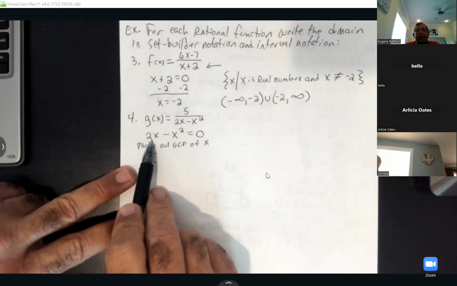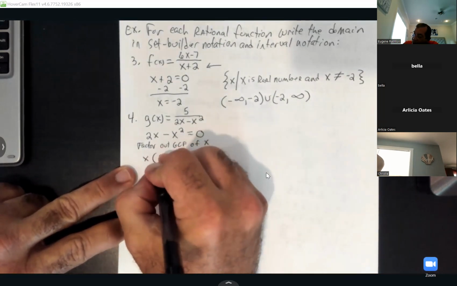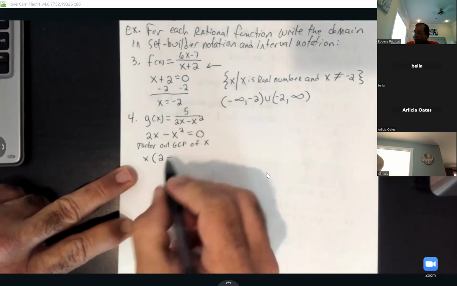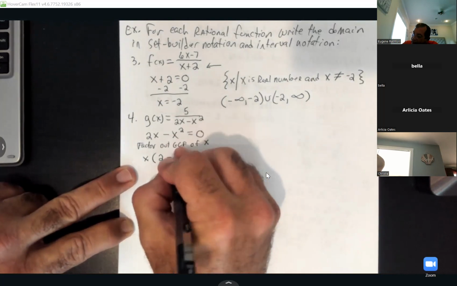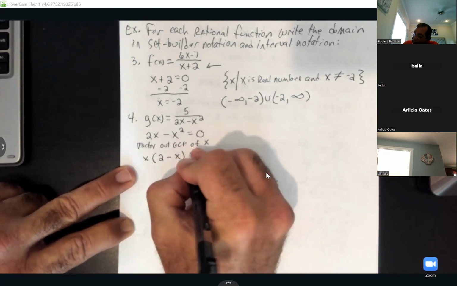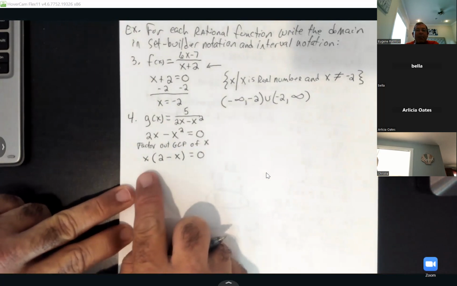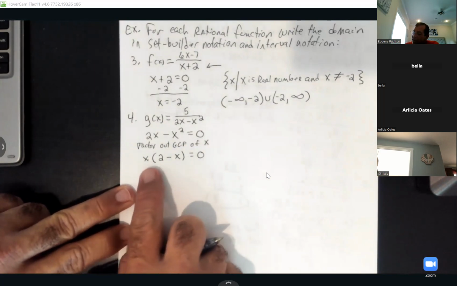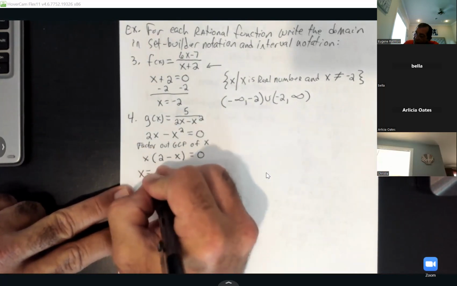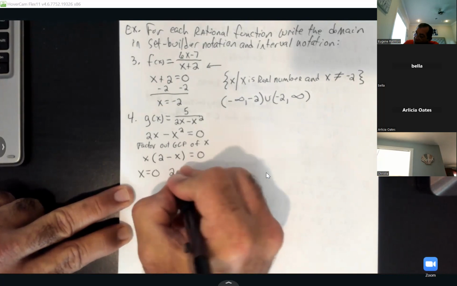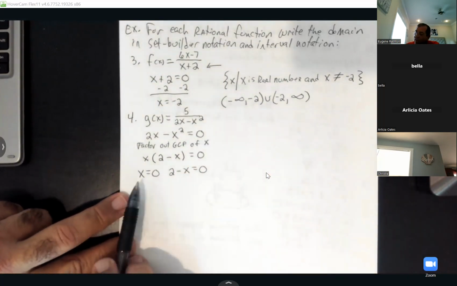In parentheses, if you have a 2x and you take out the x, you're left with a 2 minus. If you had an x squared and you take out an x, you're left with an x. So now we've got it factored by factoring out the GCF. So now set both these equal to 0. So we'll have x equals 0, and then 2 minus x equals 0.